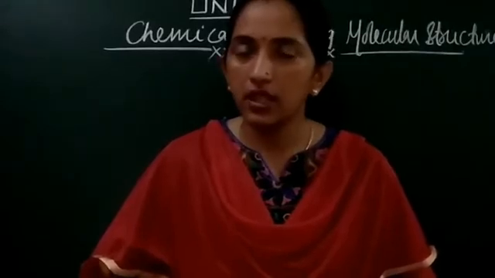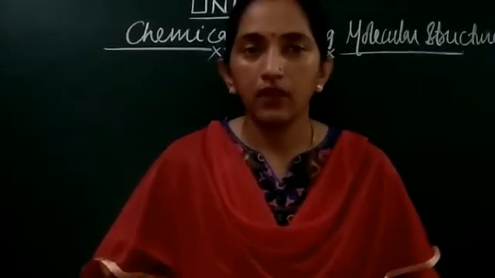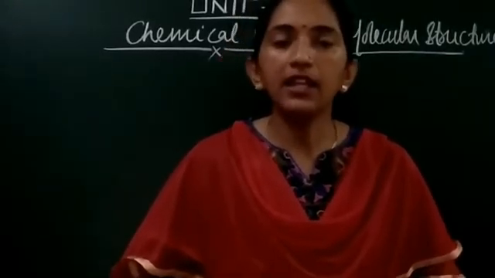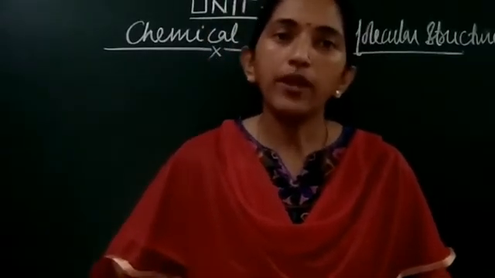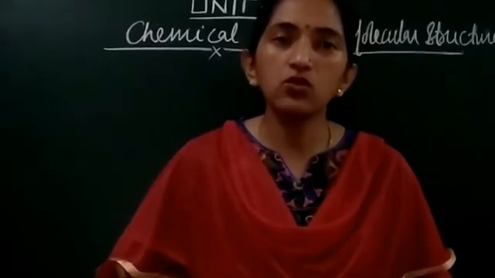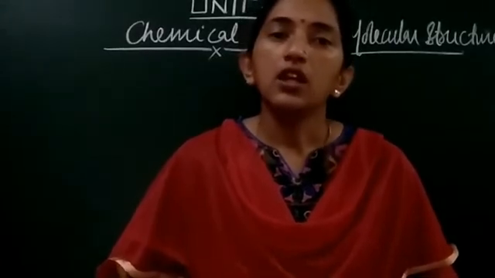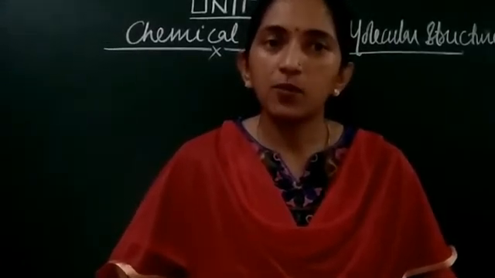And ultimately, we come to the noble gases at the end of the period, where we get the stable configuration, that is ns2np6 configuration. So students, the noble gases, especially helium, neon, and argon.